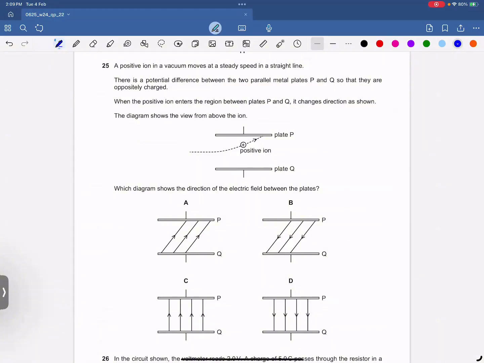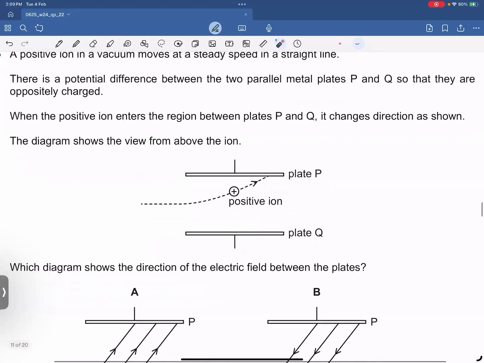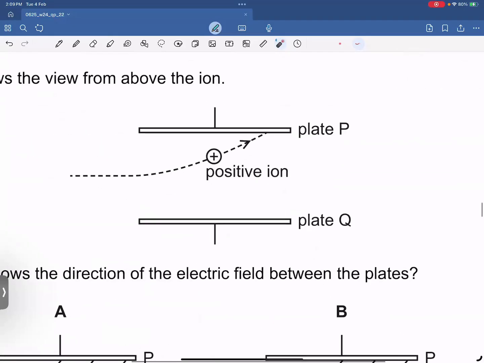A positive ion in the vacuum moves at a steady speed in a straight line. The potential difference between the two parallel metal plates, P and Q, is such that they are opposite. So I can easily guess if positive charge goes there, it means up should be negative, down should be positive.